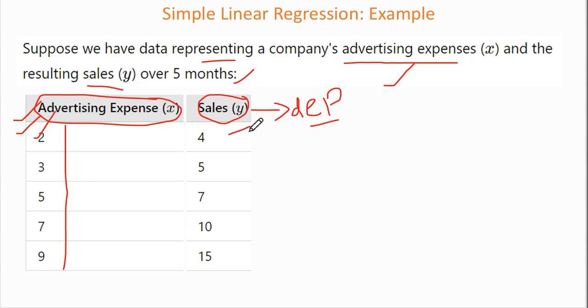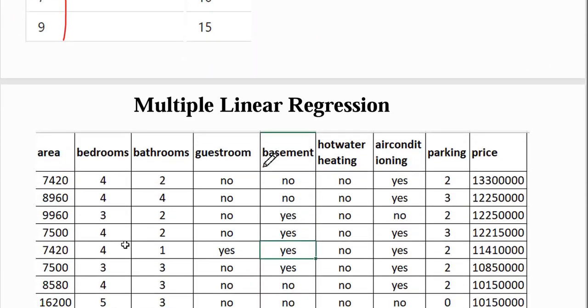Okay, so sales is a dependent variable, output variable, or target variable. Advertising expense is an independent variable, or one of the features or predictors. Okay, this is about simple linear regression. Here we have a single independent feature. That's why to this dataset we are applying simple linear regression.